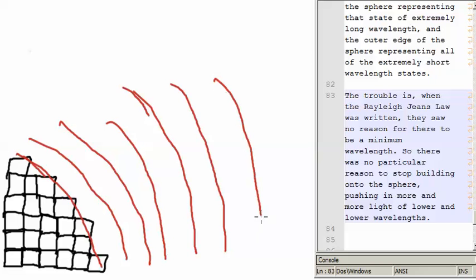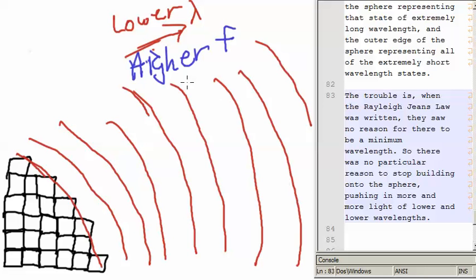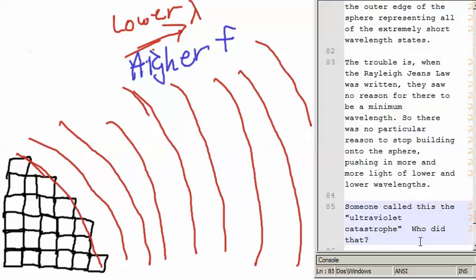So there was no particular reason to stop building onto the sphere, pushing in more and more light of lower and lower wavelengths, which is higher frequency. So someone called this the ultraviolet catastrophe.